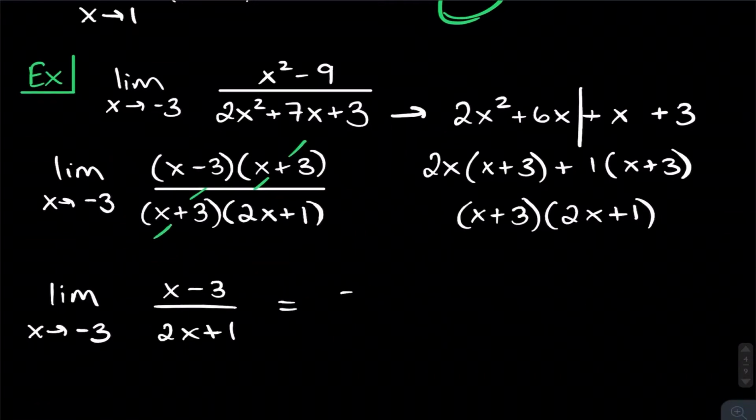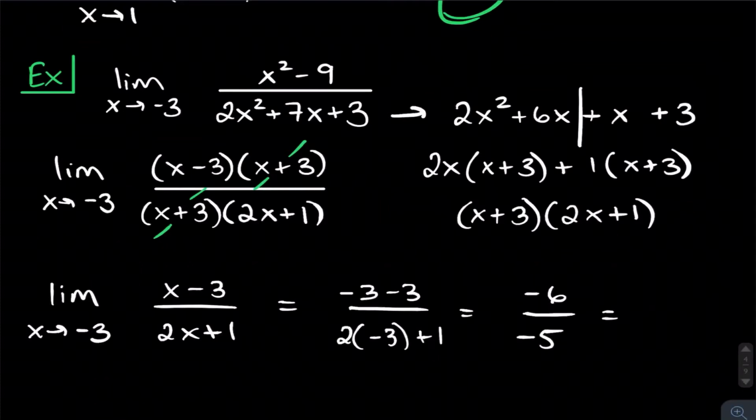We get a negative 3 minus 3 over a 2 times negative 3 plus 1. That is a negative 6 over, this is a negative 6 plus 1 is negative 5. And that is 6 over 5. And so that is our answer for our second example.